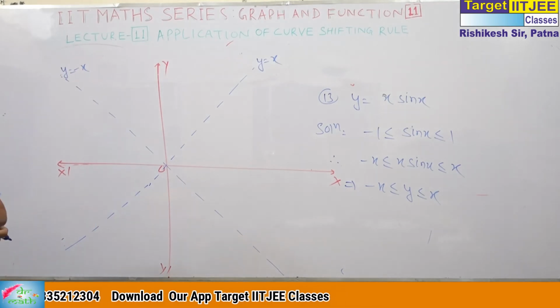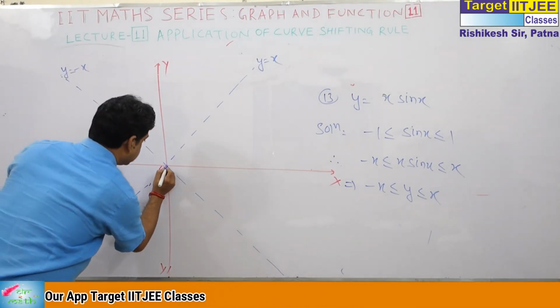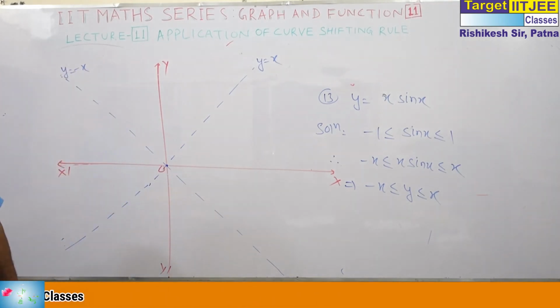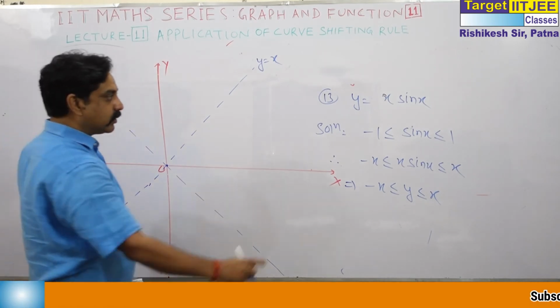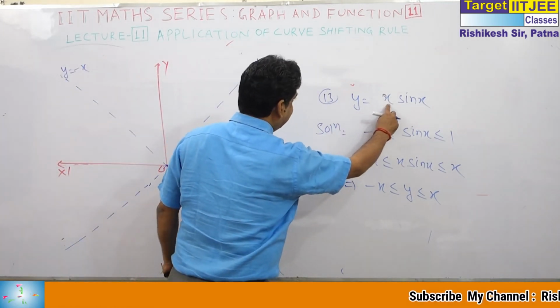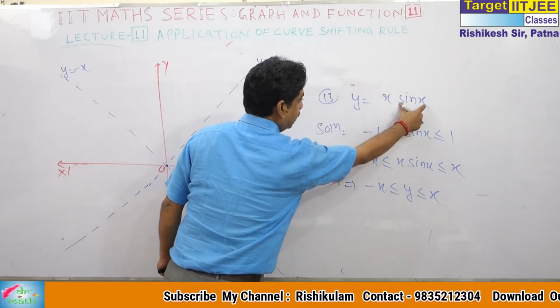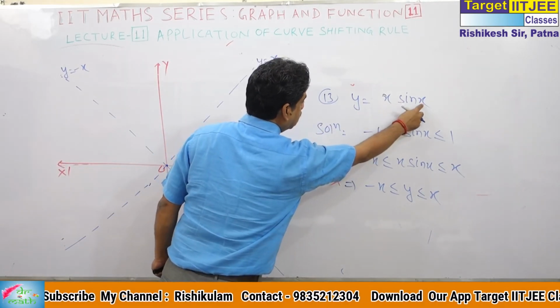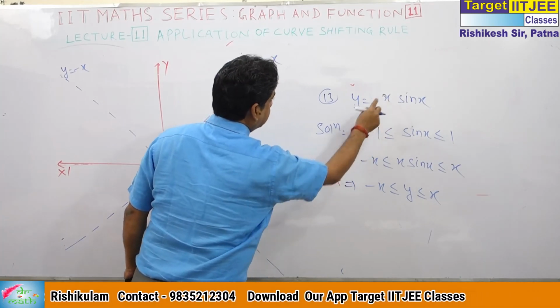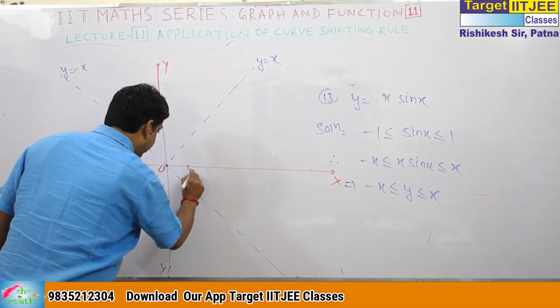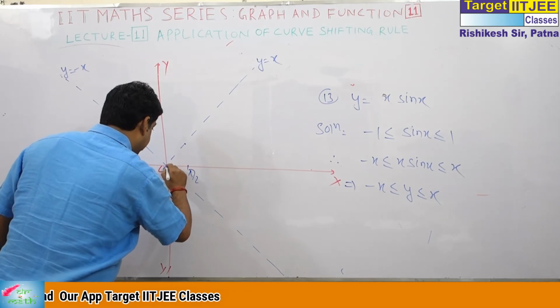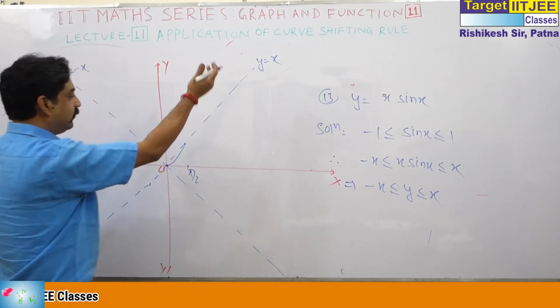Now, what is the graph? See, at x is equal to 0, this is 0. At x is equal to pi by 2, this is 1. So the graph will touch y is equal to x at pi by 2, but then go downward. It cannot go beyond the line.